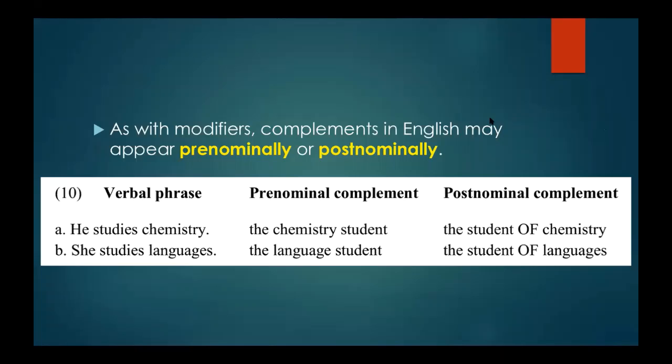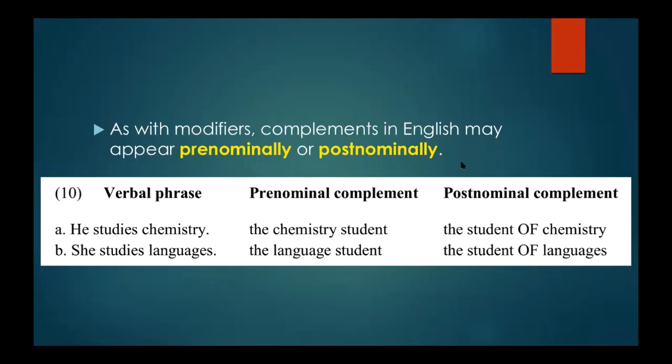Now, let's look at some verbal phrases that I have in sentence A and sentence B. He studies chemistry. She studies languages. Now, you can make it into the phrase, the chemistry student and the language student. You can also make it into the post-nominal position like the student of chemistry or the student of languages.